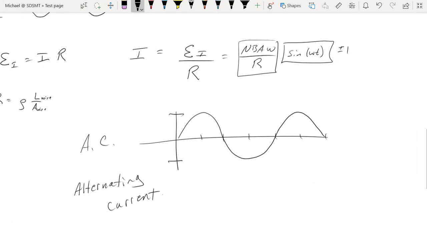And where those maximums and minimums occur can be found by taking the derivative of this current function and setting it equal to 0. Because the derivative of a function is supposed to measure the slope of that function at any given location. And whenever we're at a max or a min, the slope is going to equal 0.